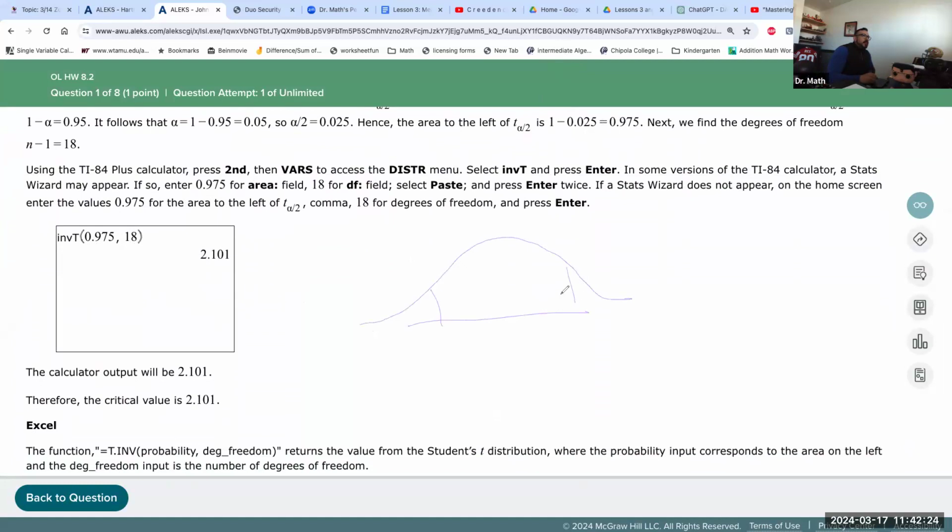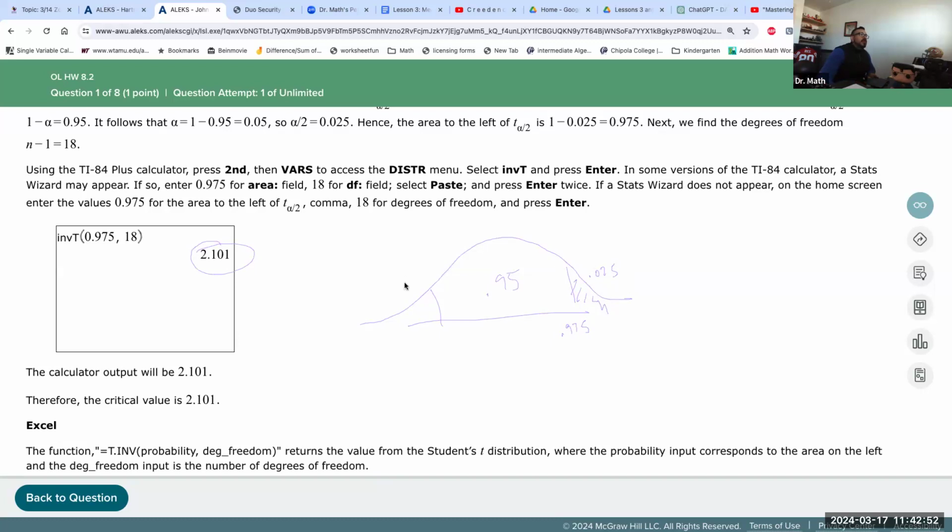So they got the 0.95, and then they saw that this was 0.025. So they did one minus this, and that gave them 0.975. All right. So their calculator gives you this, which is the same answer that we got when we used ours.